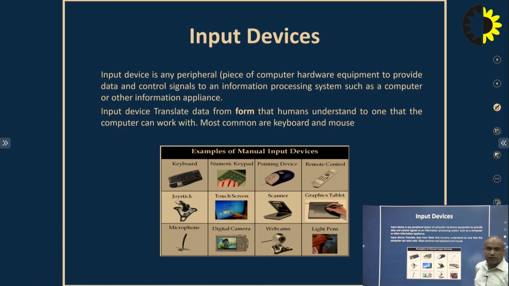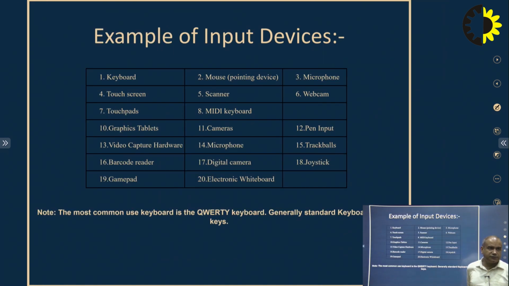This table shows manual input devices. First is the keyboard, second is the numeric keypad, the pointing device which we call the mouse, remote control, joystick, touch screen, scanner, graphic tablet, microphone, digital camera, webcam and light pens. All are input devices.